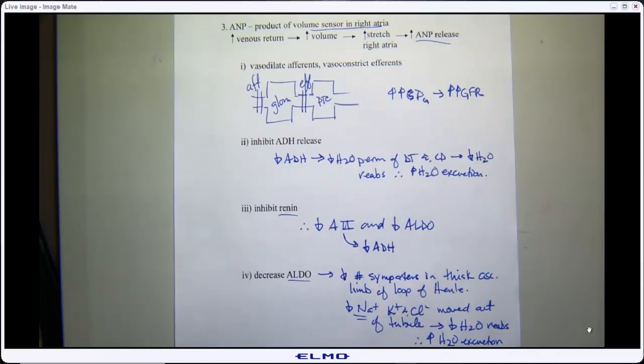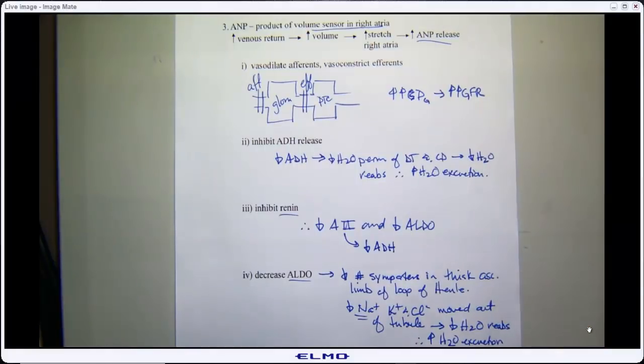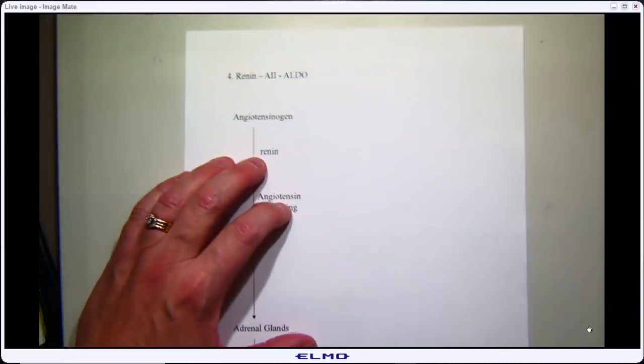You can see that everything atrial natriuretic peptide is doing is working towards that goal. We're going to filter more and get less back. So it's definitely singularly focused in terms of what it's doing, even though it's tapping into a fair number of hormones to do that.